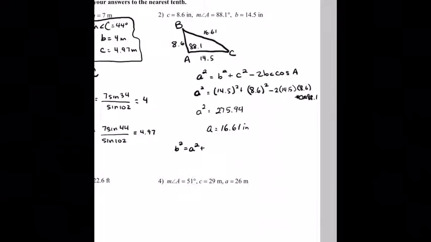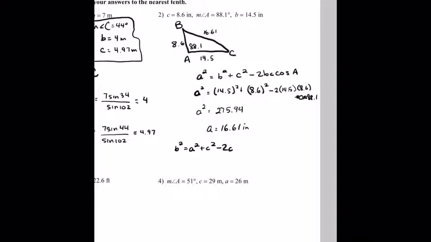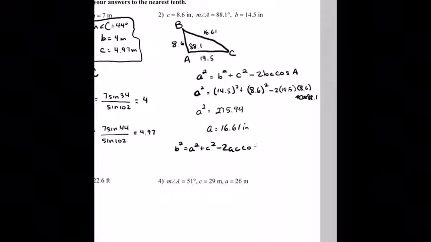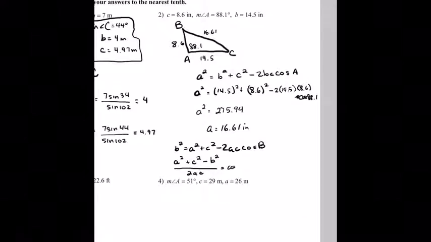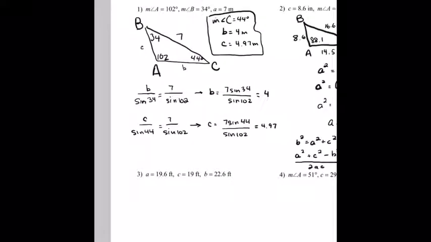This version, b squared equals a squared plus c squared minus 2ac cosine of b. If we rearrange some terms to get cosine b all by itself, it would be a squared plus c squared minus b squared divided by 2ac equals cosine b. That's the form that was on that other sheet here.